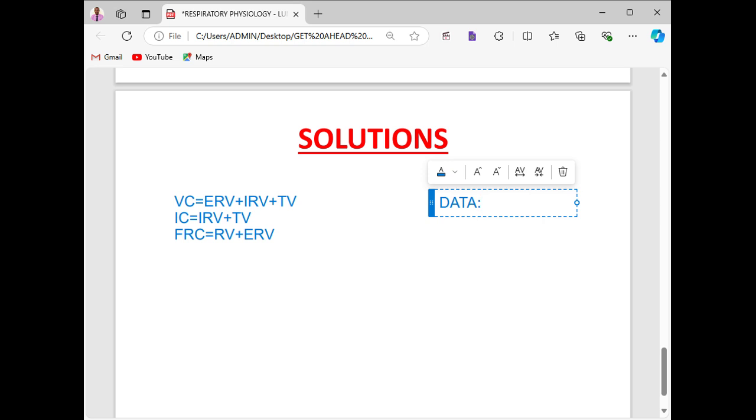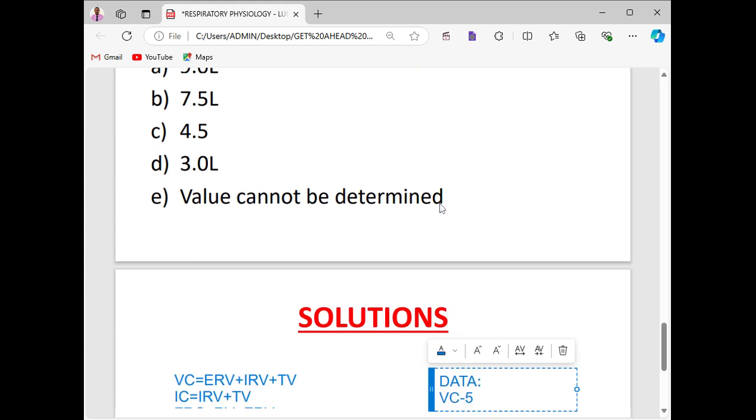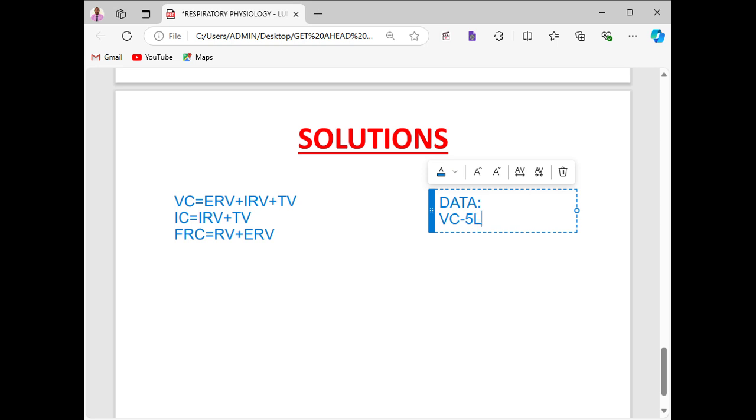The data we've been given so far: VC is 5 liters, TV is 0.5 liters, IC is 3.5 liters, and FRC is 2.5.